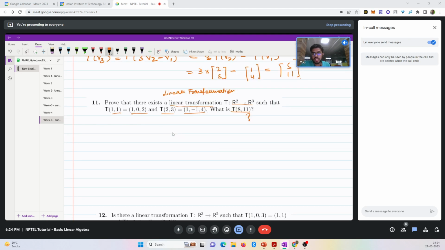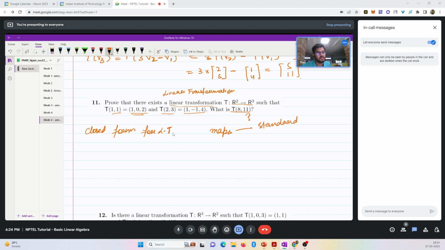So if we show that for some linear transformation T of x, T of 1, 1 is this and T of 2, 3 is this, then we can show it. Now, whenever you want to write a closed form for a linear transformation, you try to find maps of the standard basis.